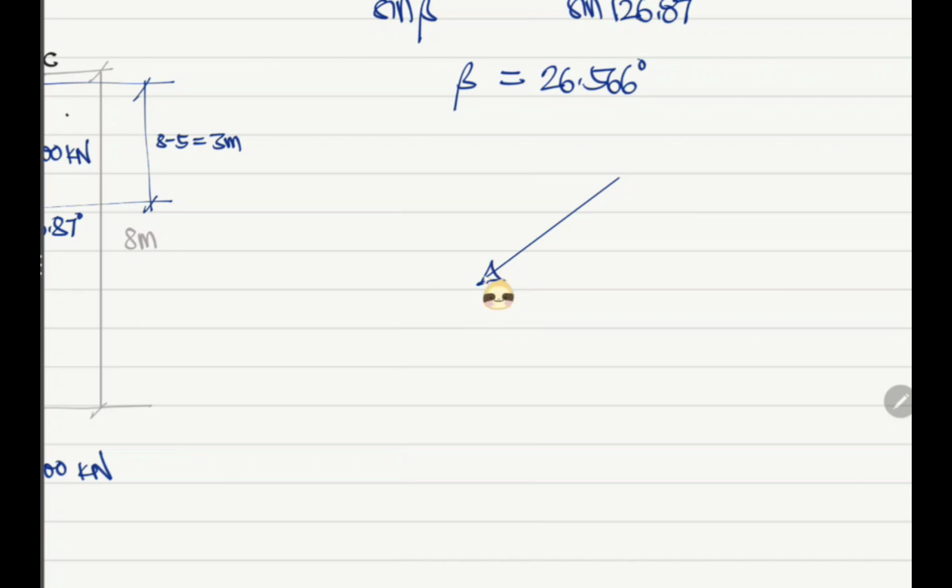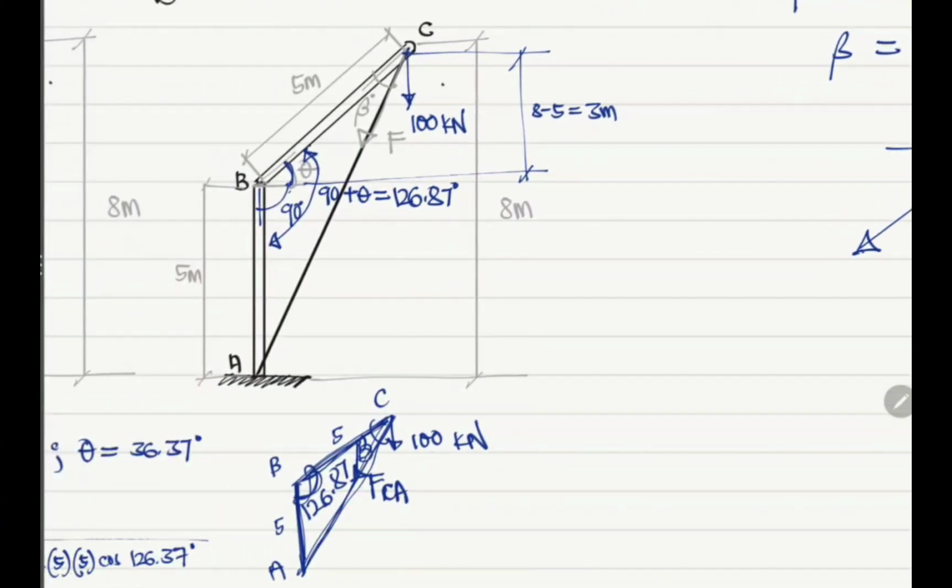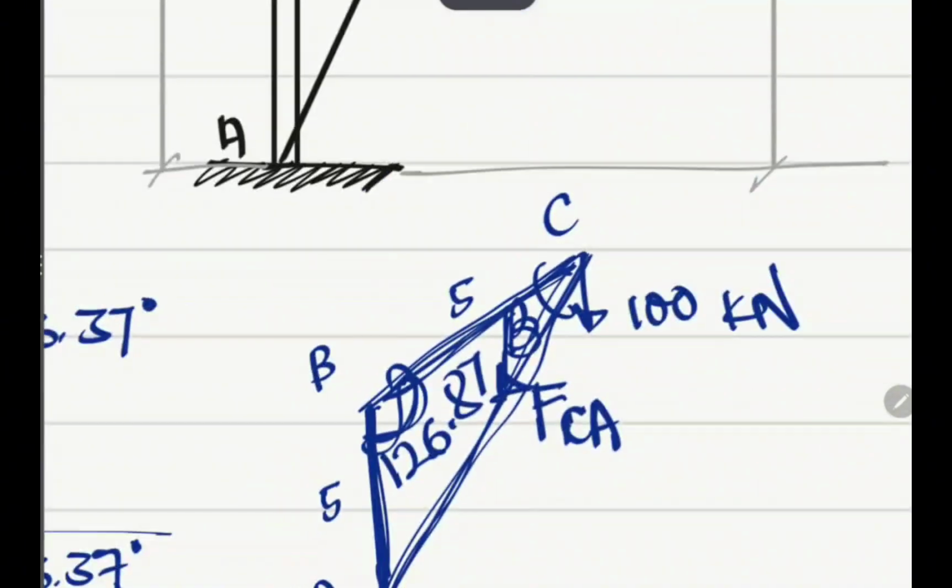Okay. Then from the x-axis, the angle, looking at the figure, of force F from the horizontal x-axis is beta plus this angle, which is equal to this angle theta.